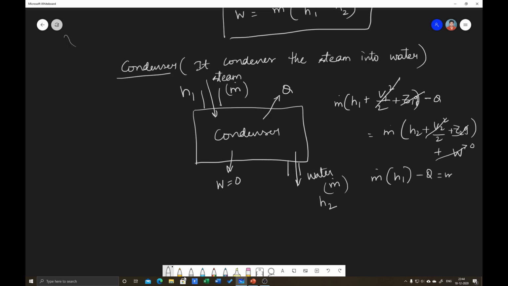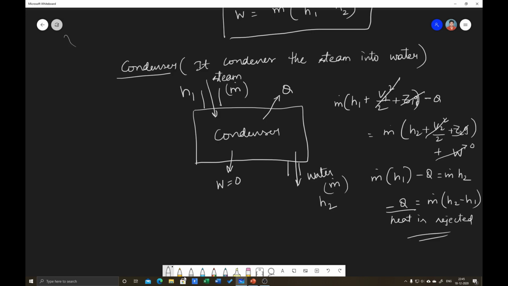So m dot into H1 minus Q is equal to m dot into H2, or minus Q is equal to H2 minus H1. The minus sign indicates heat is rejected by the system. Okay, this is how the steady flow energy equation is applied to a condenser.